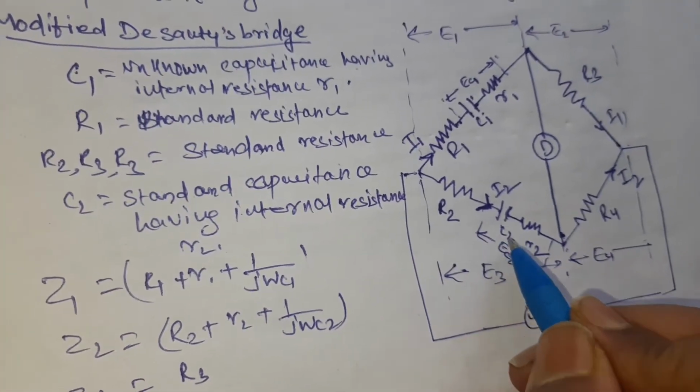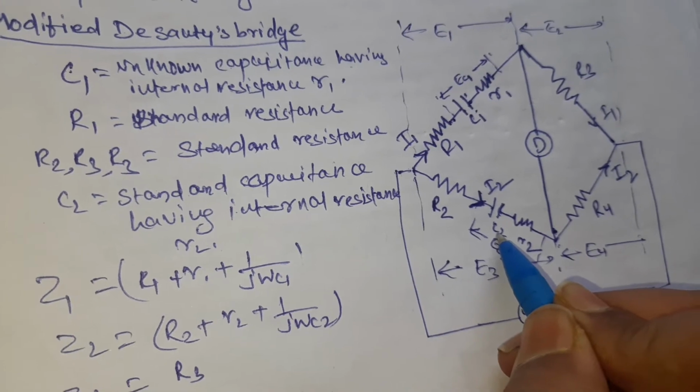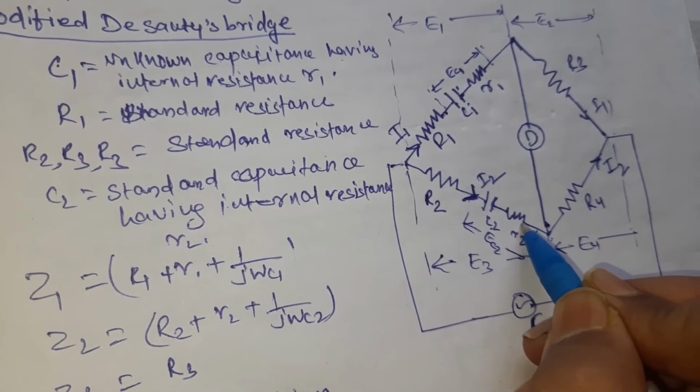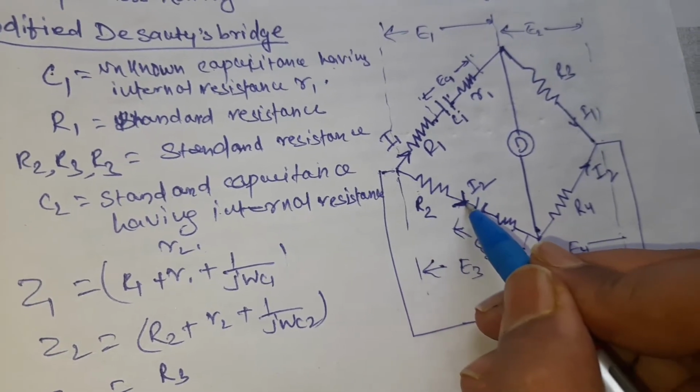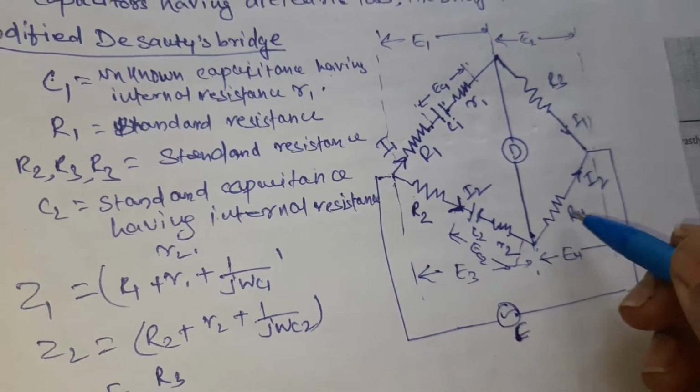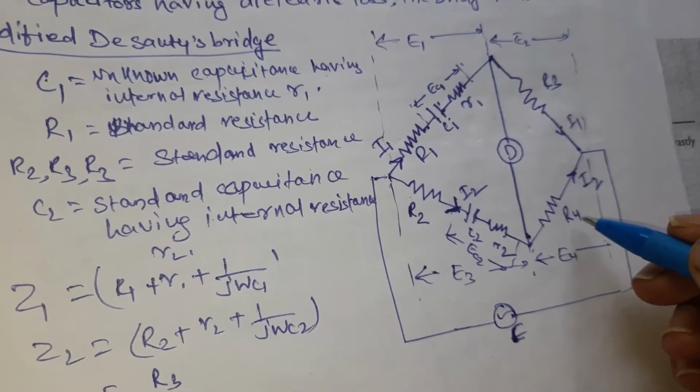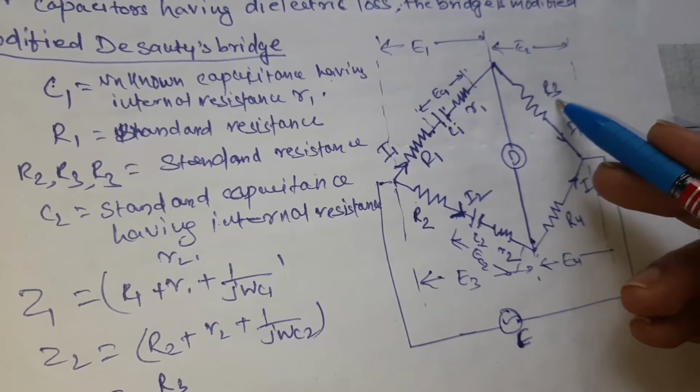Again C2 has a standard resistance with its internal resistance R2, another resistance R2 is connected in series with C2, and R3 and R4 are standard resistances across arm 3 and arm 4.